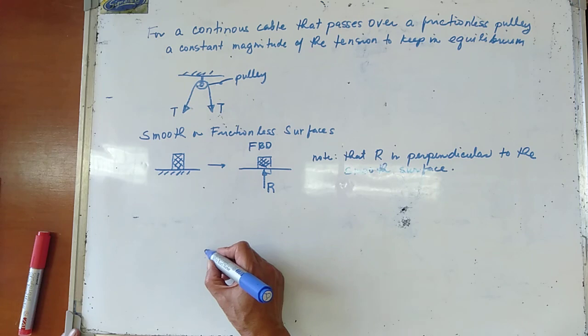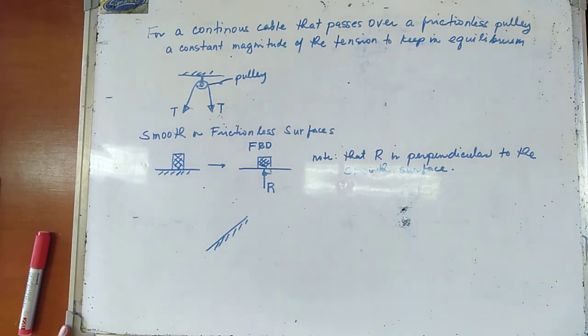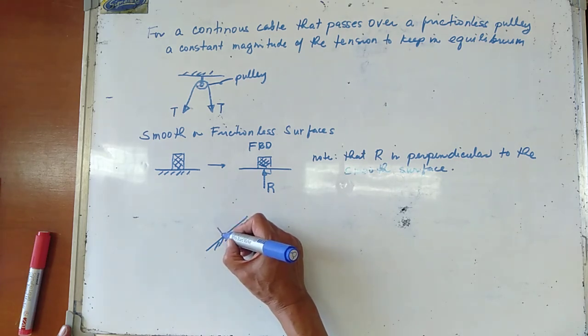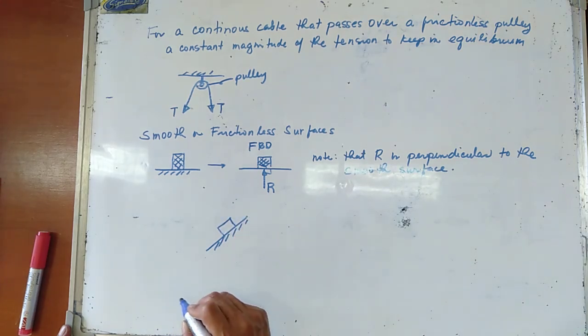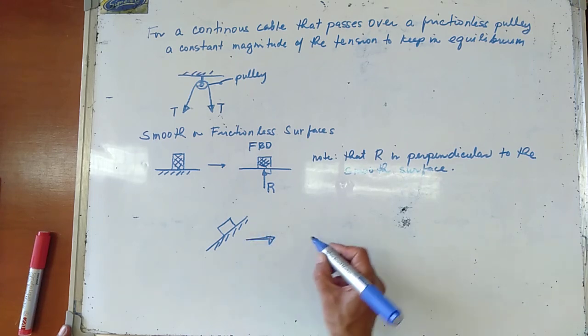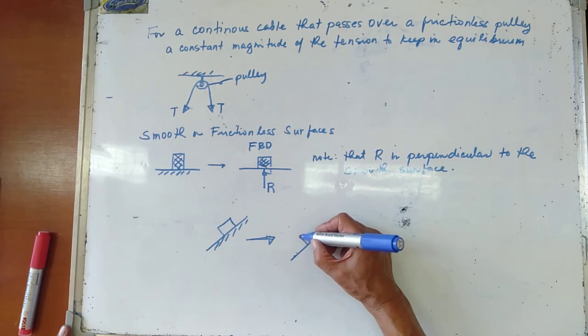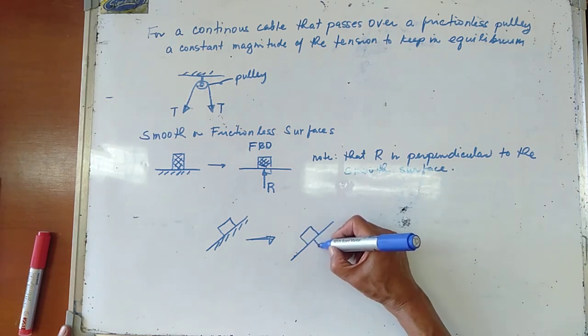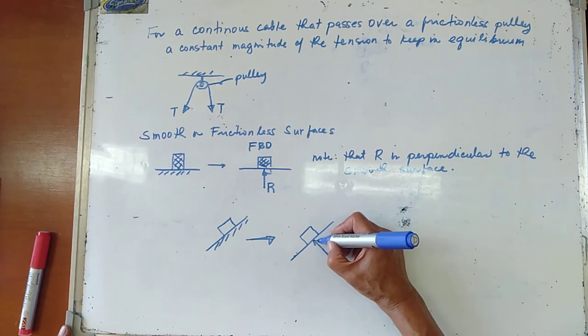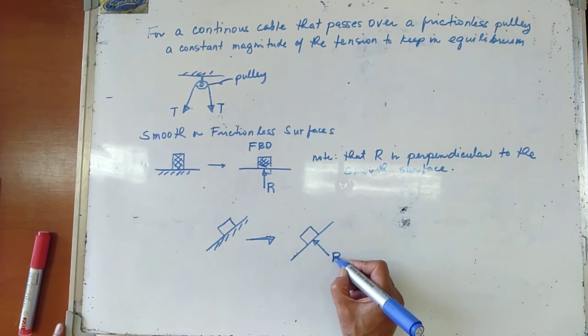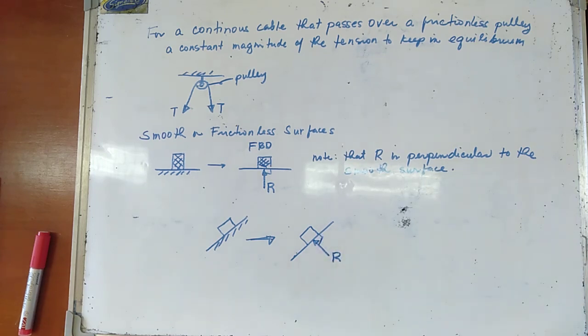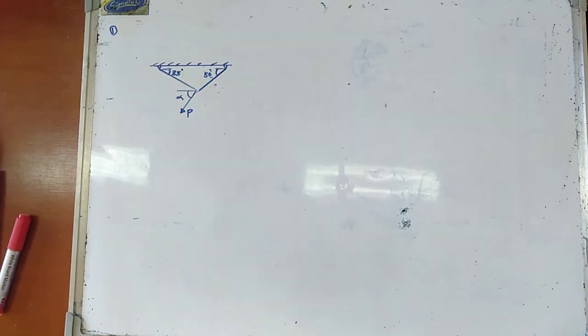So if this one in here is the smooth surface and we have a body in here, the equivalent free body diagram of this is the body, and hence this is the reaction R. I'll be repeating that in smooth or frictionless surfaces, the reaction R in here is always normal or perpendicular to the smooth or frictionless surfaces.